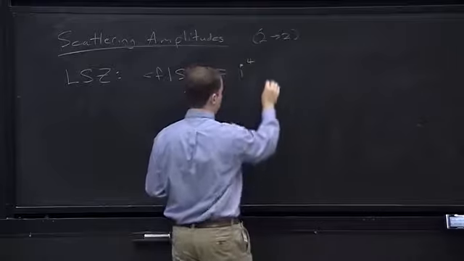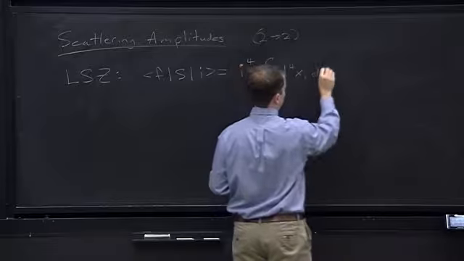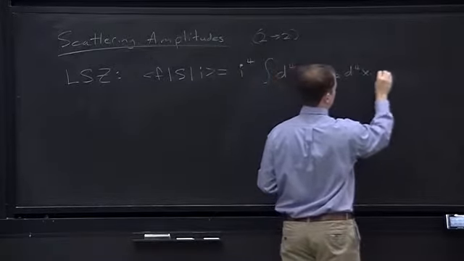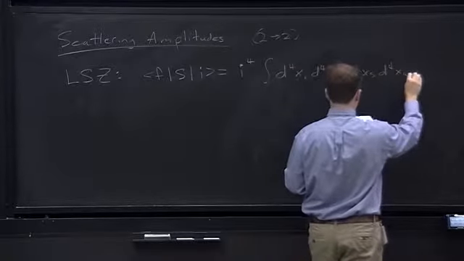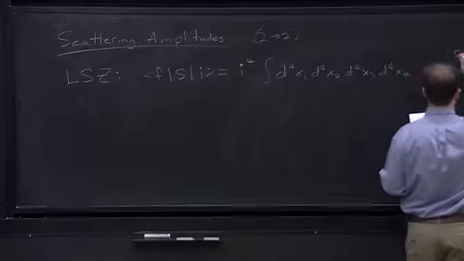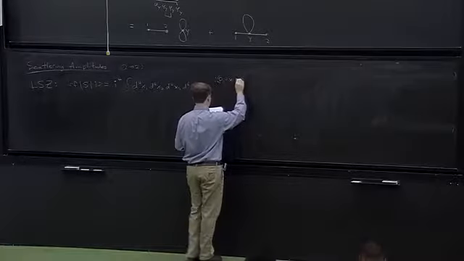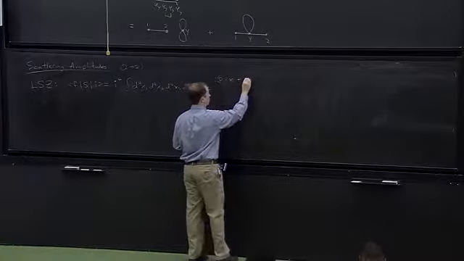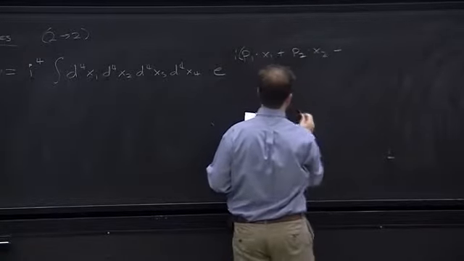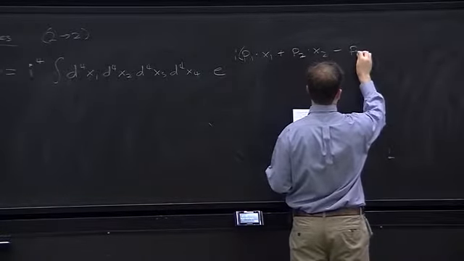So we've got i to the 4th, then 4 integrals over 4 positions. And then factor e to the i p·x1, similarly for x2, if x1 and x2 are the initial particles, and then we have a plus sign here and a minus sign for the final particles.